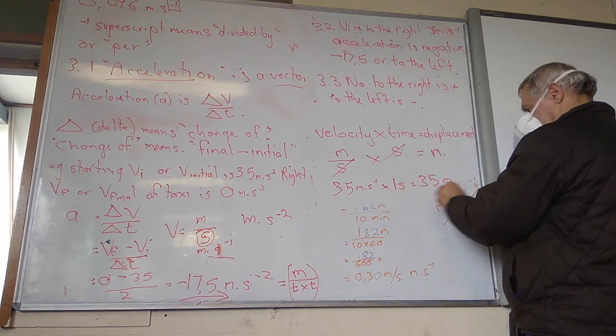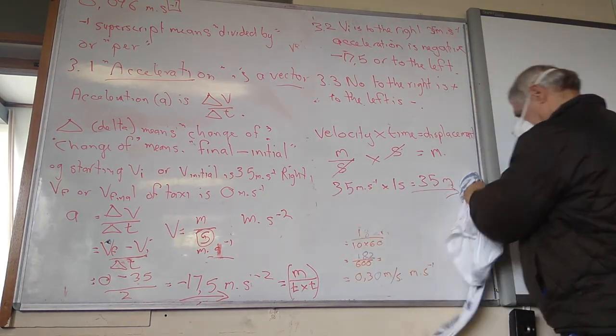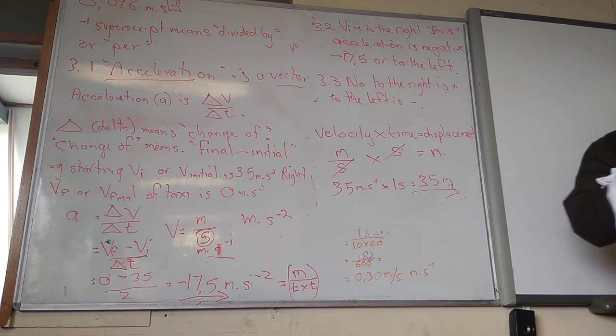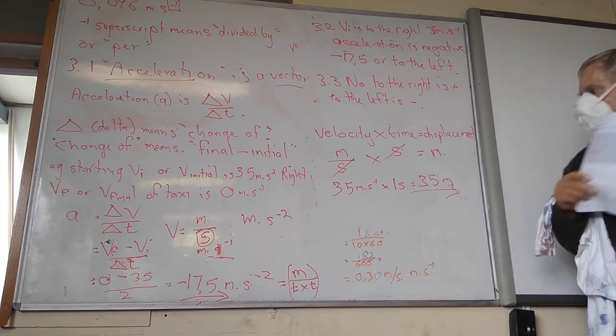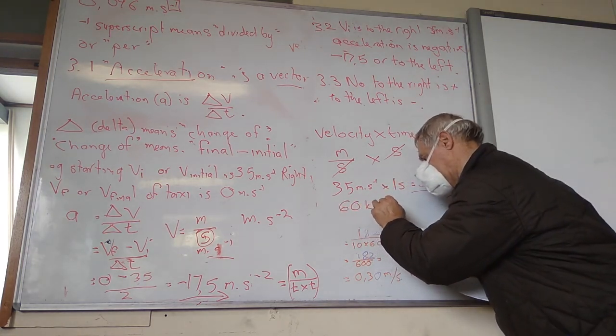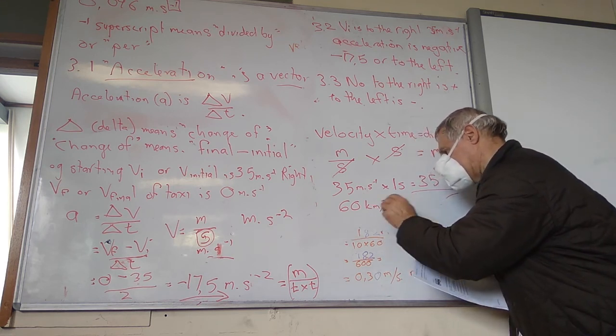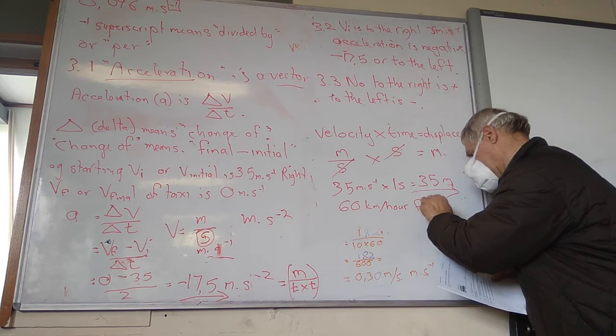Now you can do the most horrendously complicated thing. Okay, I'm going to give you another example. I travel 60 kilometers per hour and it takes me half an hour to get home to Simonstown.